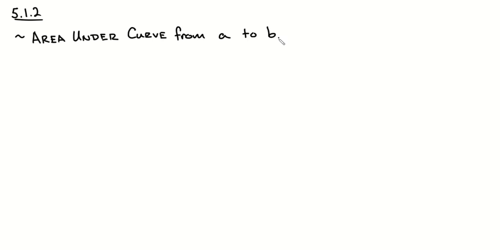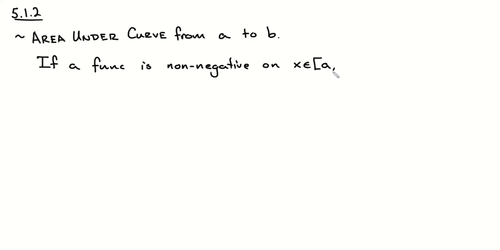So here we go. If, and big ideas coming out here, if a function is non-negative, which remember we say that to include if it's 0, it's okay. If a function is non-negative on the closed interval a to b, then we can partition, and I know that this is going to be wordy for a second, but I promise it'll all be math here soon.